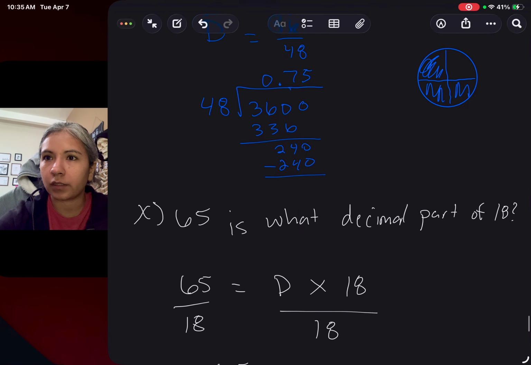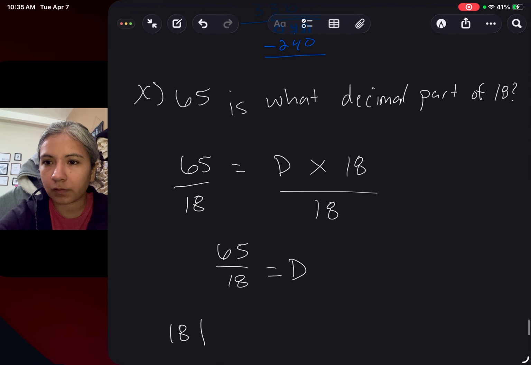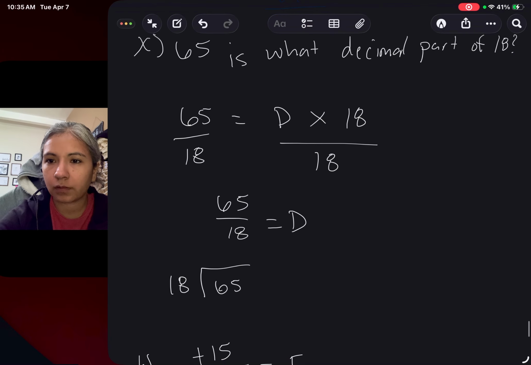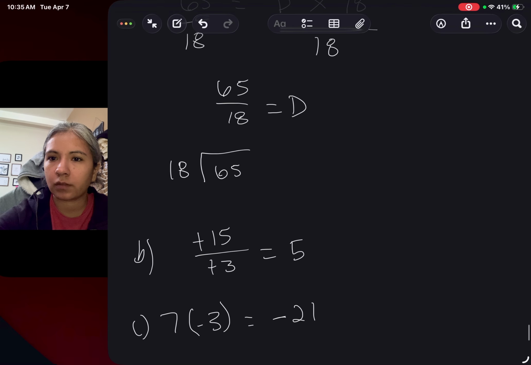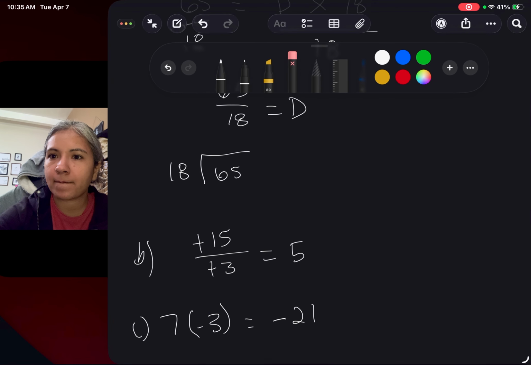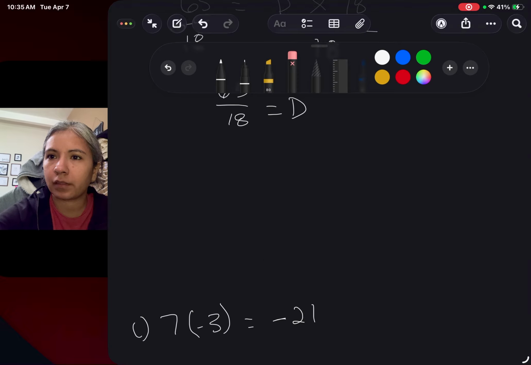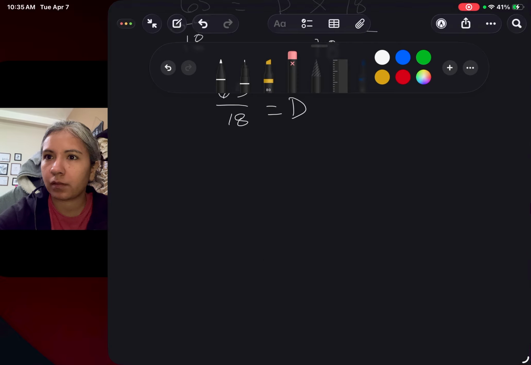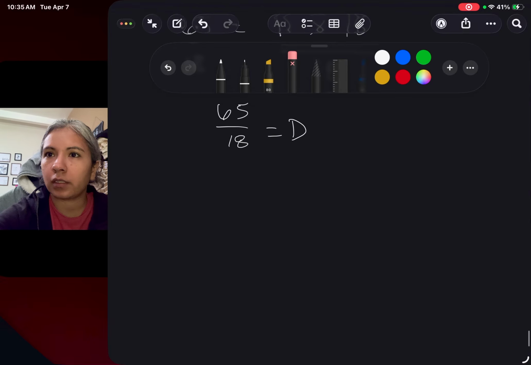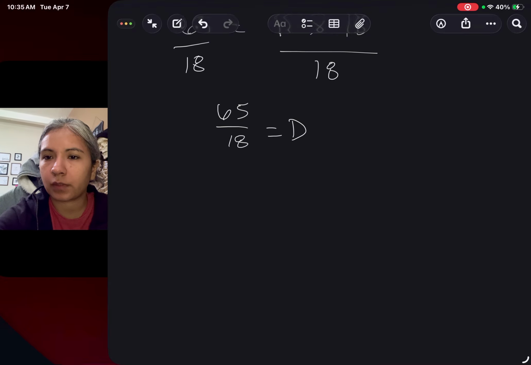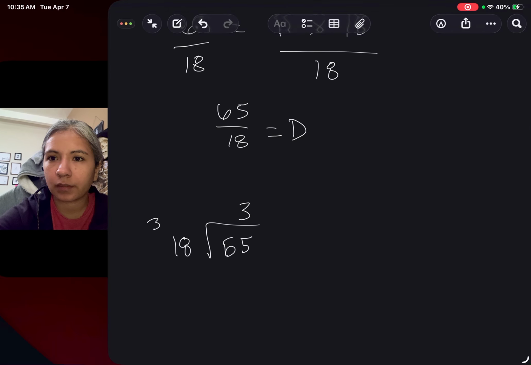So now we'll divide, right? 18 goes into 65 3 times. 18 times 3 is 54.